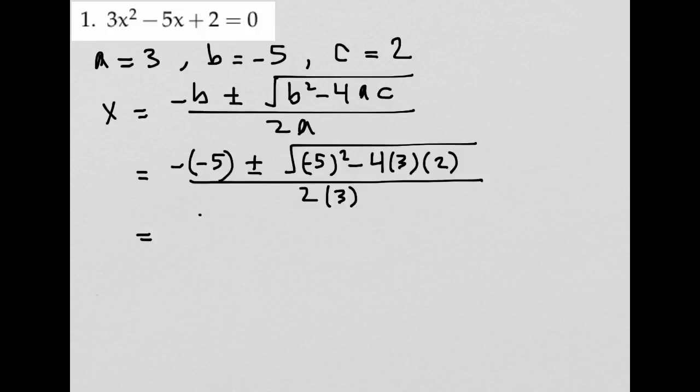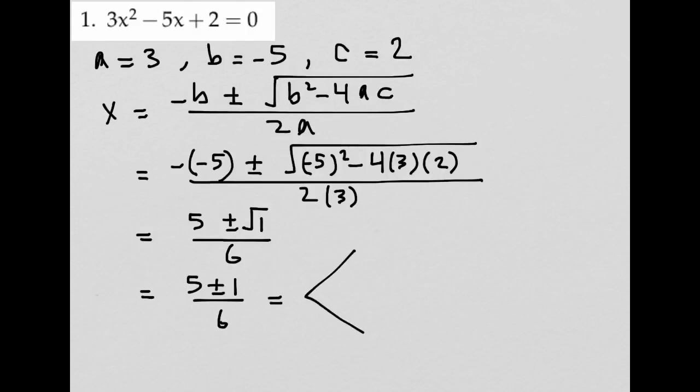Minus negative 5 is 5, plus or minus the square root of 25 minus 4 times 3 times 2, that's 24. So we simply have 1 under the square root, divided by 6. That's equal to 5 plus or minus 1 divided by 6.